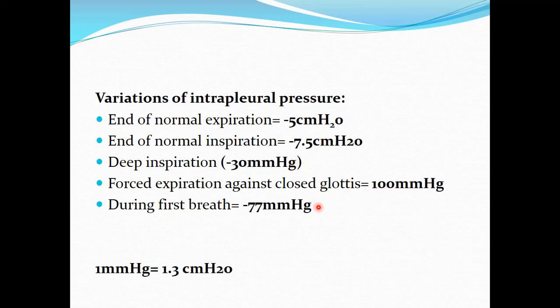These two units of pressure are interconvertible, and 1 millimeter of mercury is equal to 1.3 centimeters of water. So you have to refer to the values given in Guyton. In Guyton, during normal respiration, the values are given in centimeters of water, so you can quote these values.